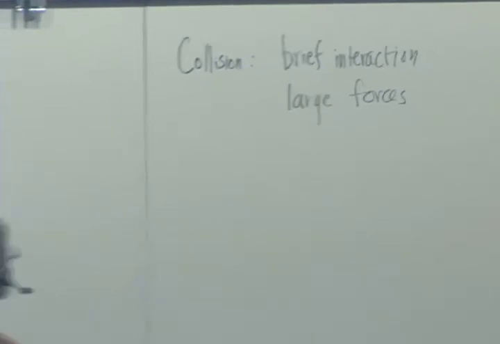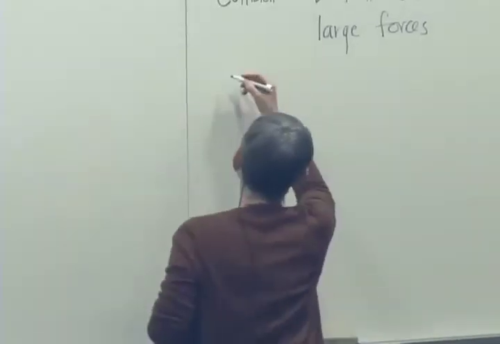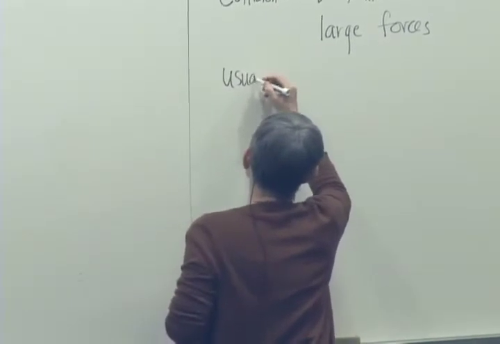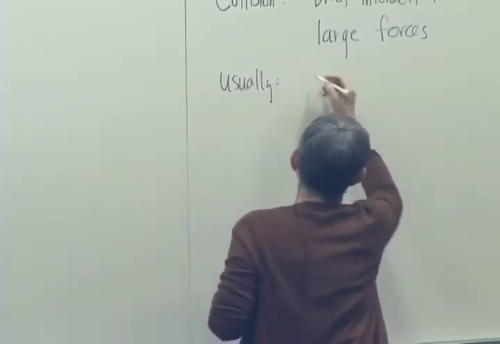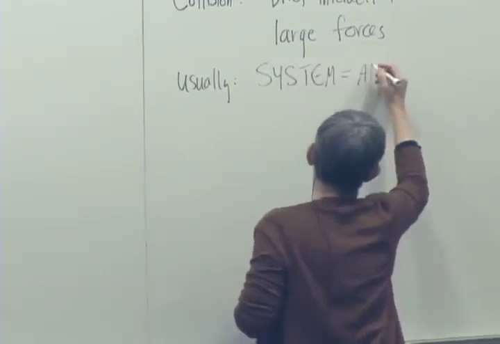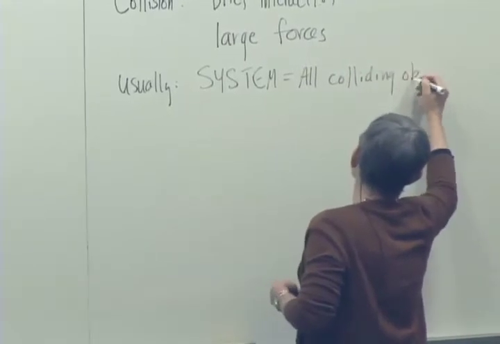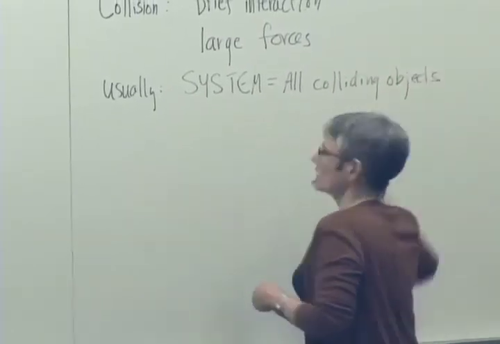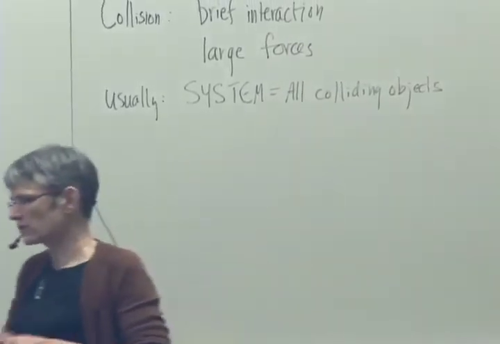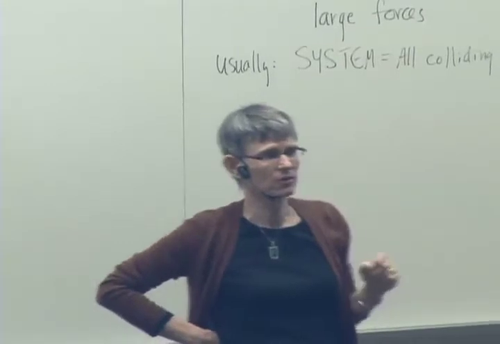So in fact, usually what one does is take the system to be all colliding objects, and the idea is that the forces between the objects in the collision are so strong that during that brief period any external forces are negligible.